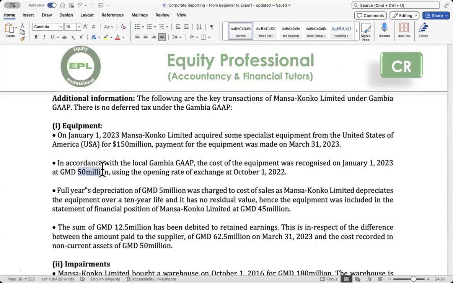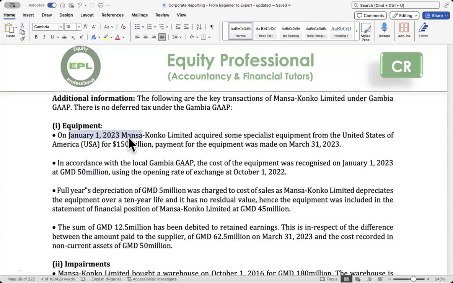Which date is that? You said the date where the transaction took place. Which date? Okay, I'm trying to go up to see. That would be January 1st, 2023.